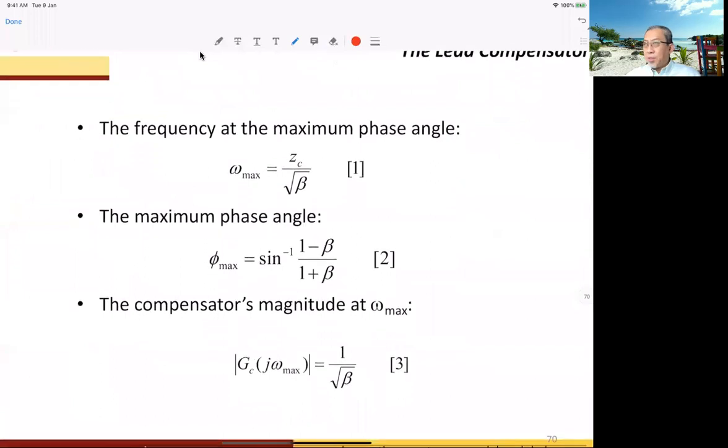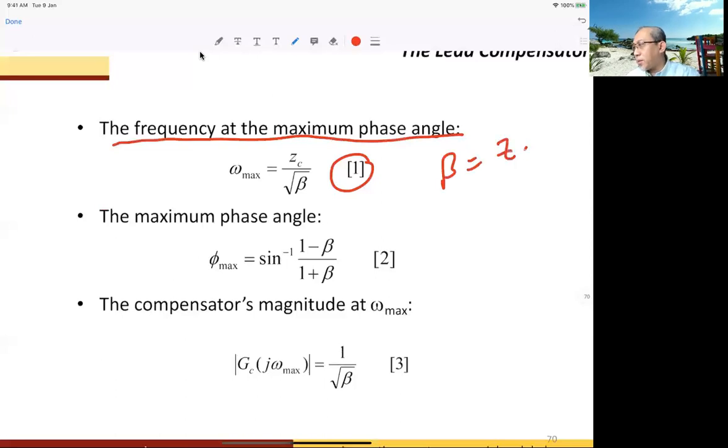So for lead compensation, the frequency at the maximum phase angle is given by equation 1, which is omega max equal to ZC divided by square root beta, okay? So beta is ZC over PC.